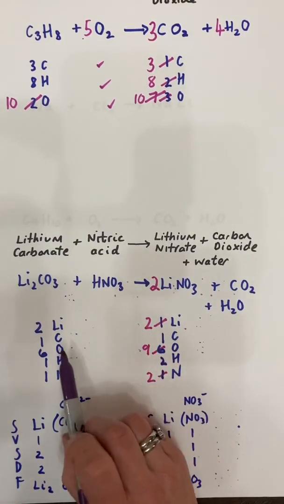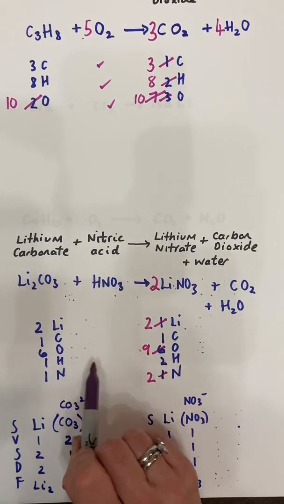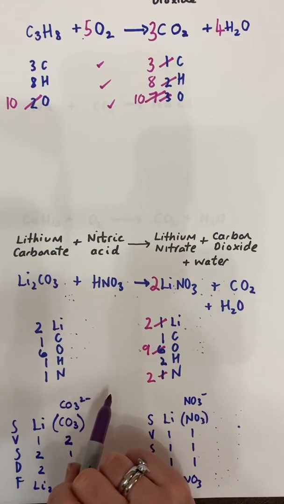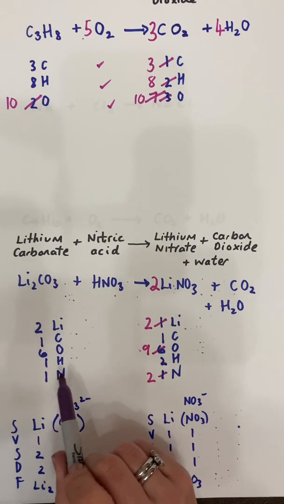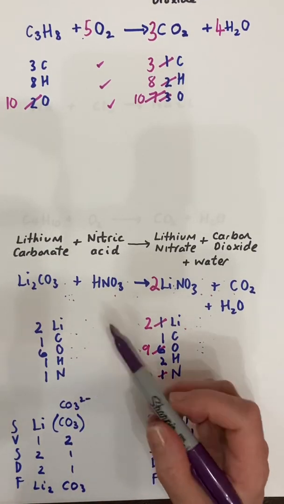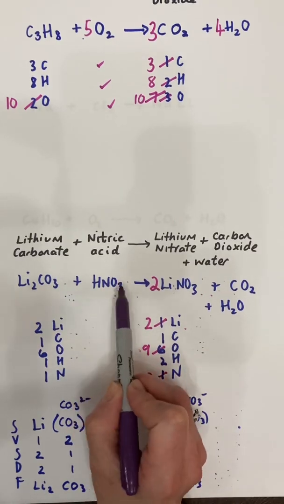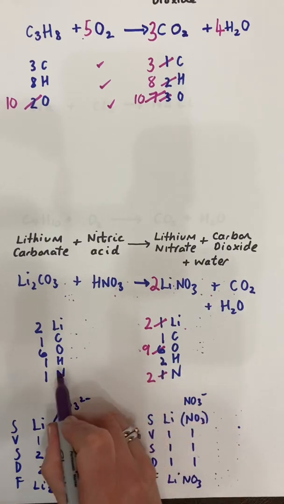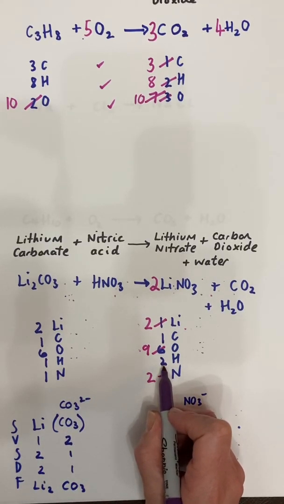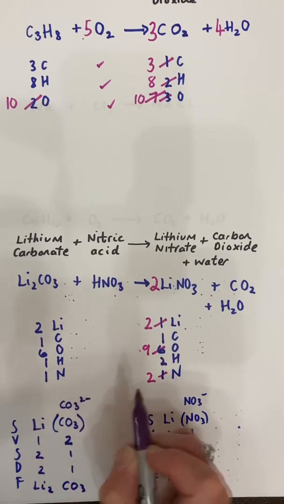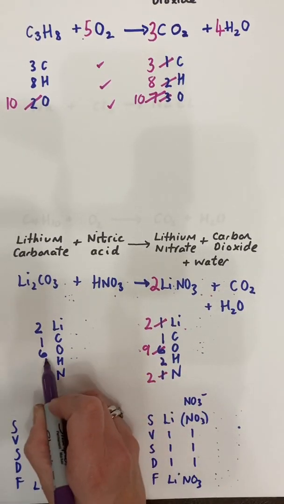So I've got my lithium sorted, my carbon sorted, my oxygen's on the right, my hydrogen's on the right, and my nitrogen's on the right here. So on the right, I have more of these 3 than I do here. And look, they all sit in this formula here. So if I've got 2 hydrogens here, and I've got 2 nitrogens here, and I've only got 1 and 1, and I've got 3 more oxygens here than I have here.